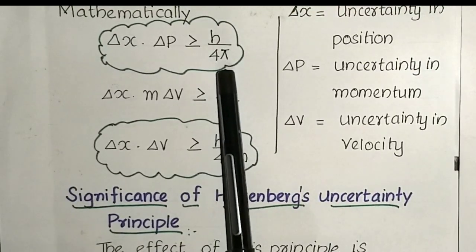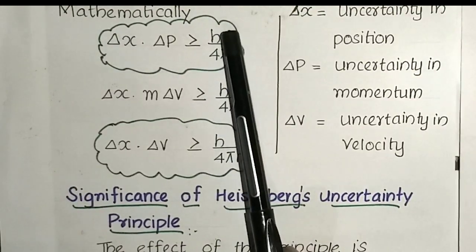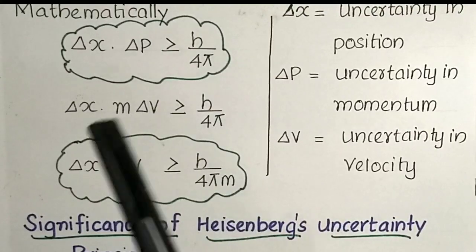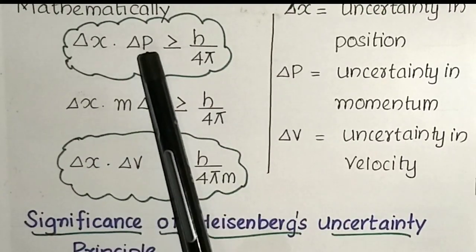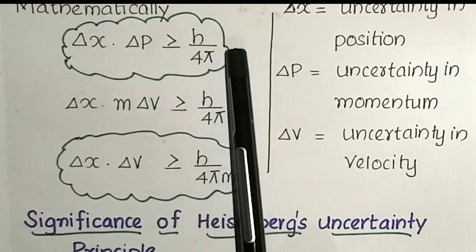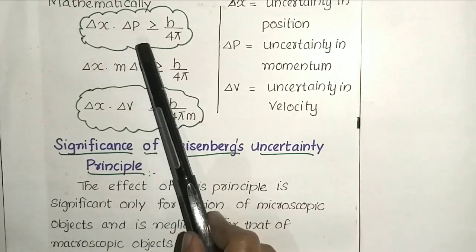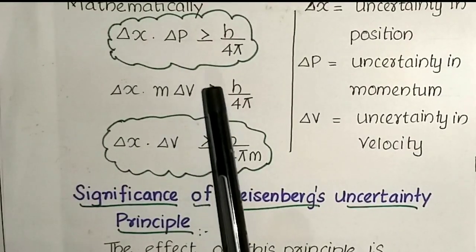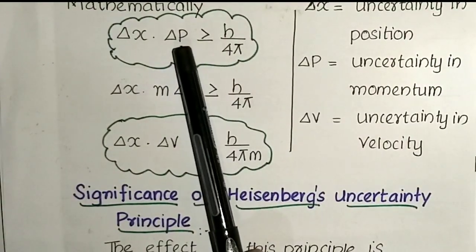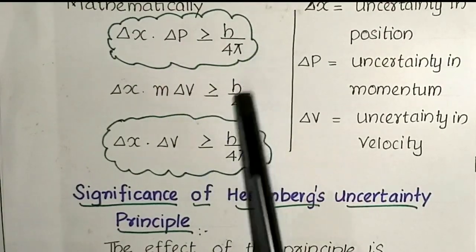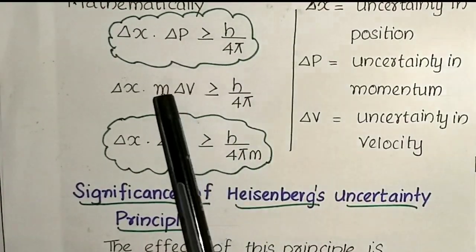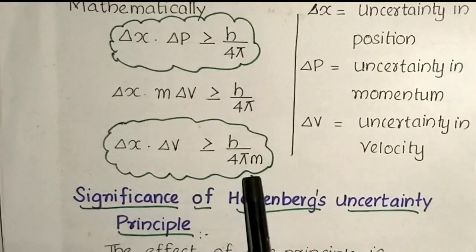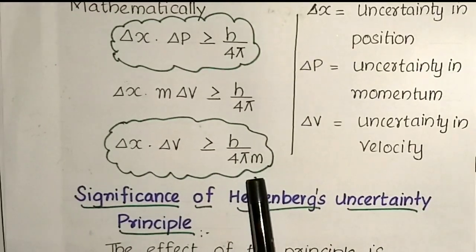H by 4 pi is a constant, h being Planck's constant. Since p can be written as mass into velocity, and the mass of an electron is constant, m into delta v is greater than or equal to h by 4 pi. Then the constant mass goes to the right side and becomes the denominator.